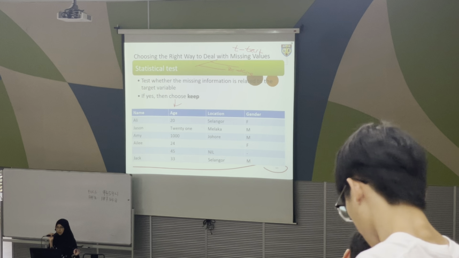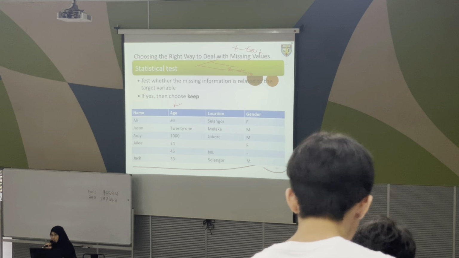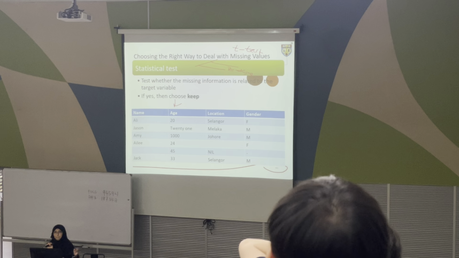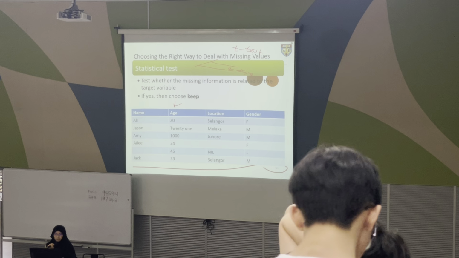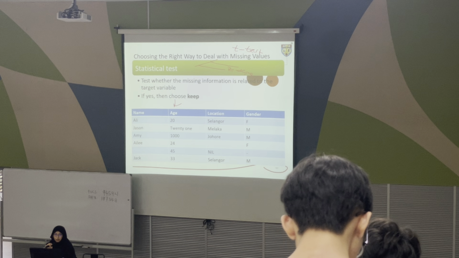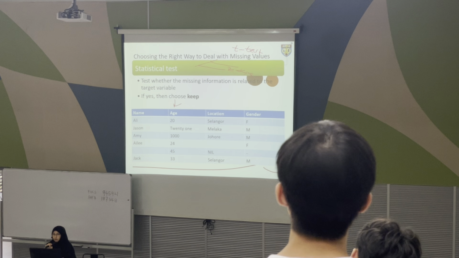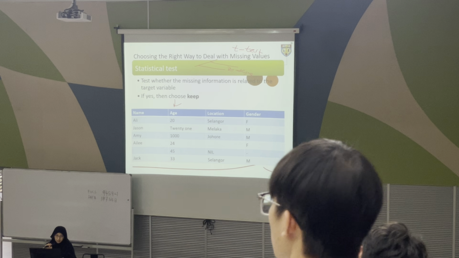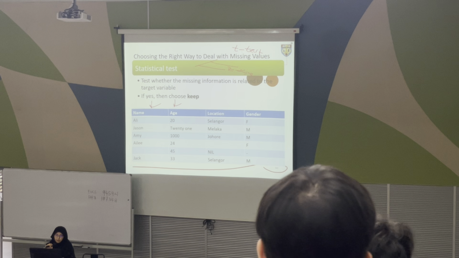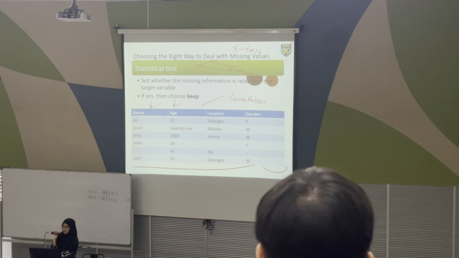But if you find out that the age variable is independent, then you can delete. Or you can evaluate the relationship between feature name and feature age. If you want to measure the relationship between these two, you can use a statistical test named correlation. So you can identify the correlation.